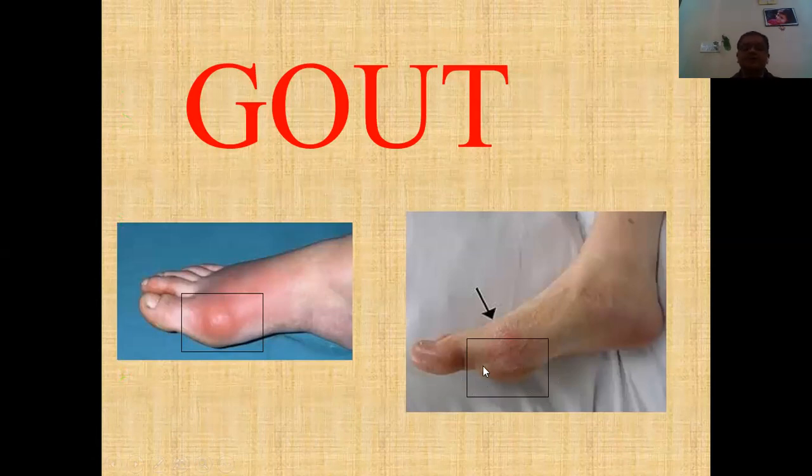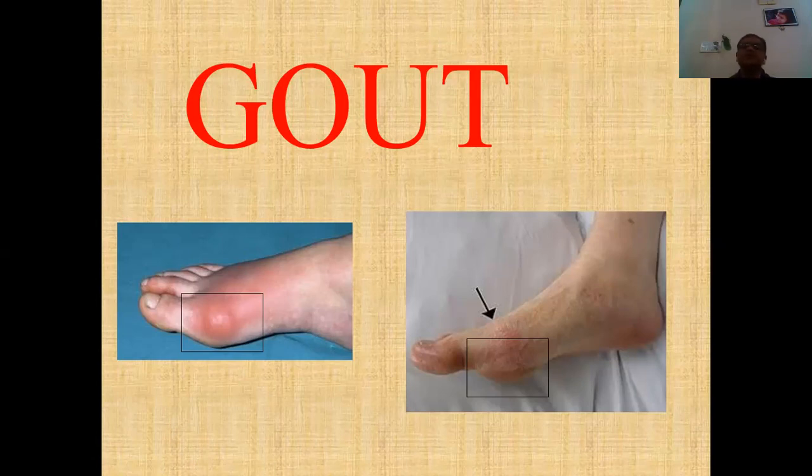There is swelling that you should observe. Most of the time, at night or early in the morning, there are severe pains that we observe in the legs, ankle joints, or toes.